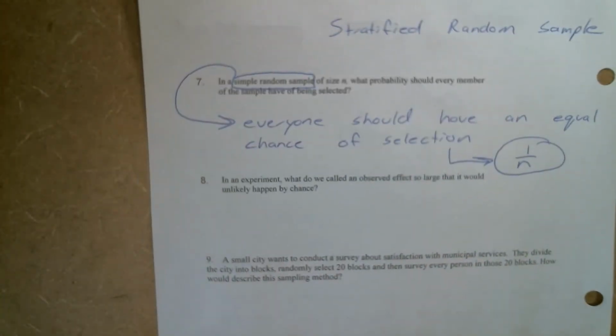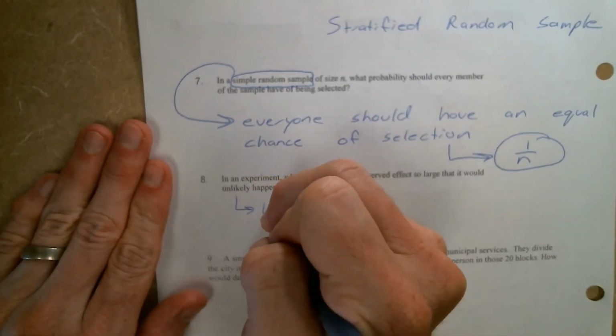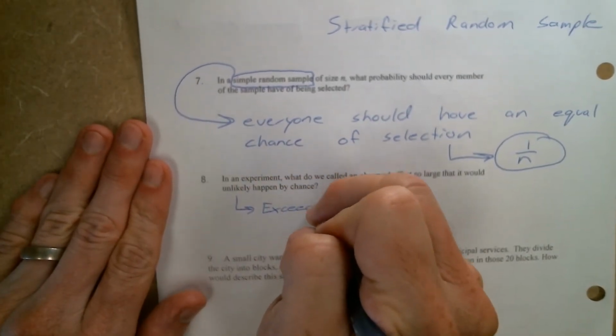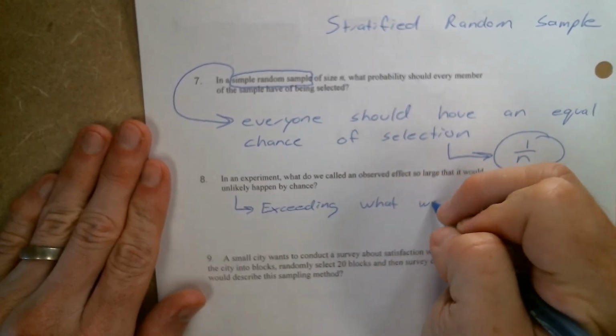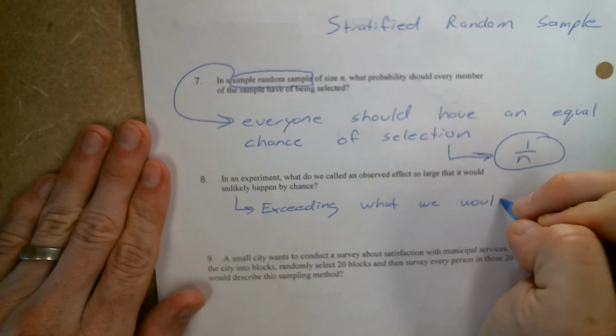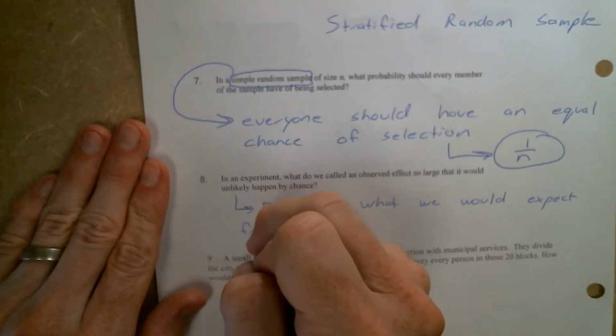In an experiment, what do we call an observed effect so large that it would be unlikely to have happened by chance? All right, so it's exceeding the bounds of sampling variation. It's exceeding what we would expect from sampling variation.